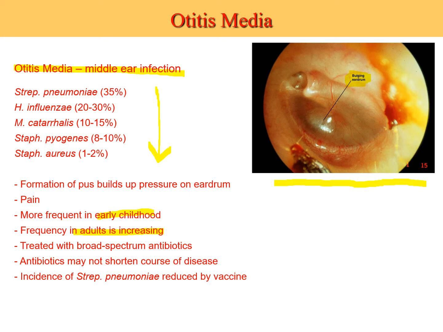If a child actually gets many recurrent middle ear infections, they put a very small drain into the eardrum, so the pressure is reduced, and eventually they'll remove the drain. Incidence of strep pneumonia and middle ear infections can be reduced by vaccine, pneumococcal pneumonia vaccine.